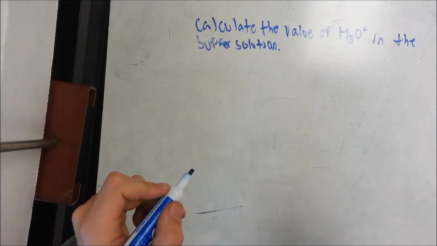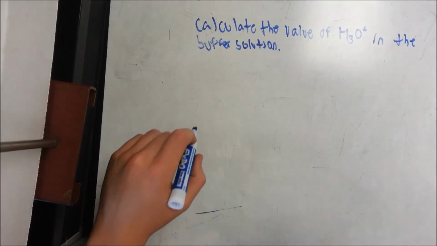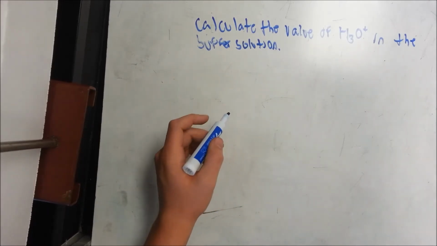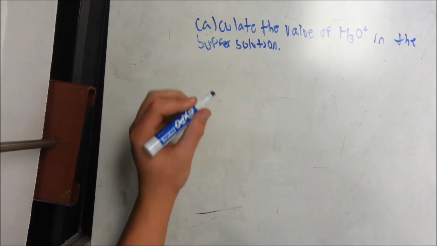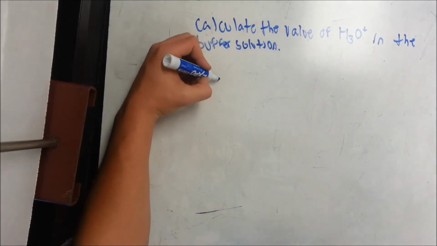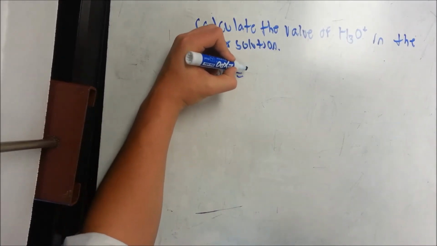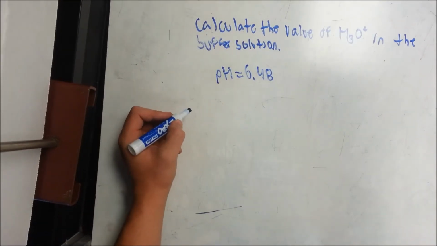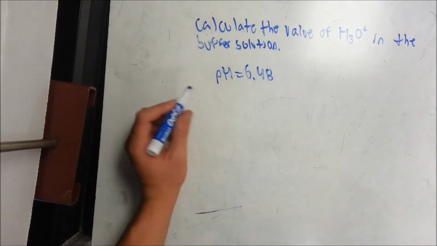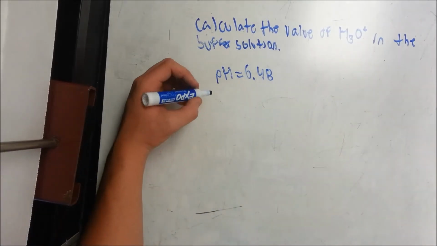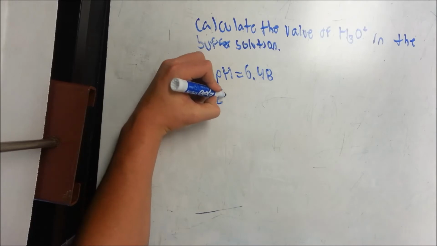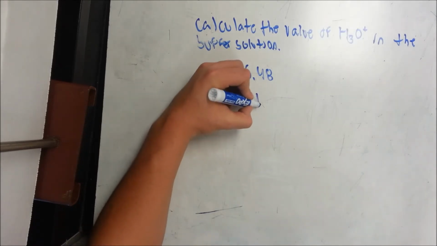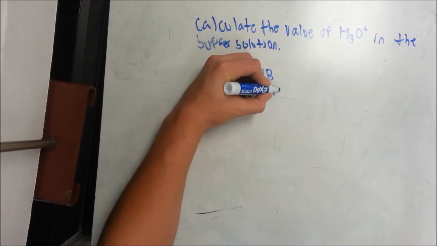Okay, so in part D1, we need to calculate the total value of H3O plus in the buffer solution. We are given that pH equals 6.48, and to find the concentration of H3O, we can simply do the concentration of H3O equals 10 to the negative pH.